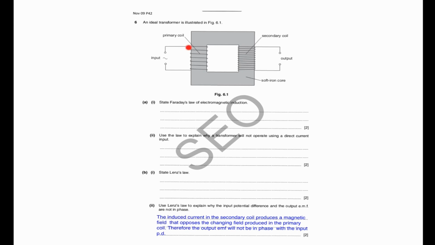That means it opposes the change in flux here. So you can say the induced current in the secondary coil produces a magnetic field that opposes the changing field produced in the primary coil. Therefore the output EMF will not be in phase with the input PD.